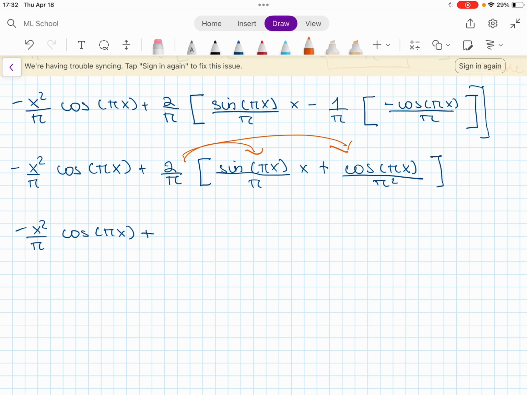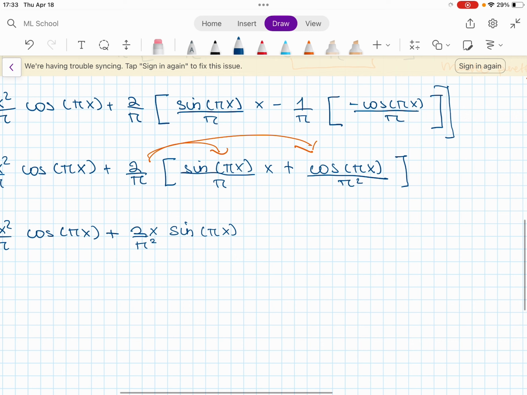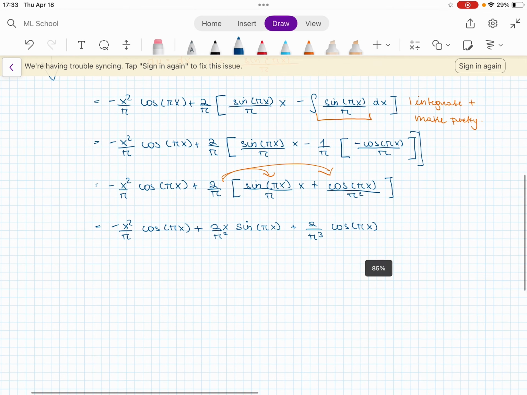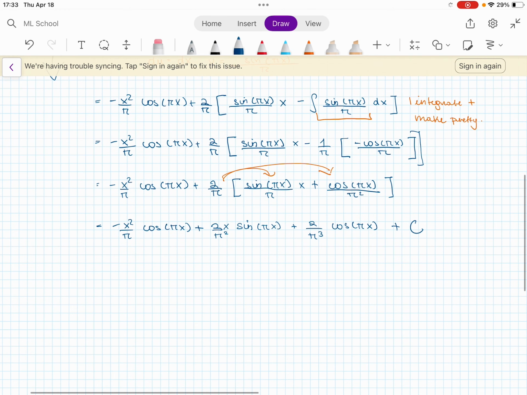Okay, so what this solves to is just 2x over pi squared sine of pi x, plus 2 over pi cubed cosine of pi x, and then this will be your answer, but don't forget the C.